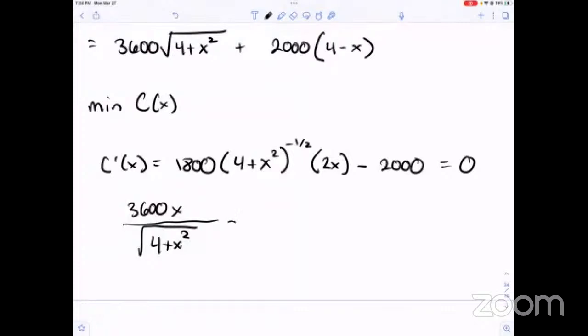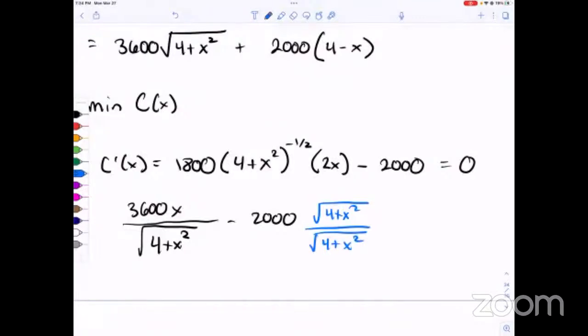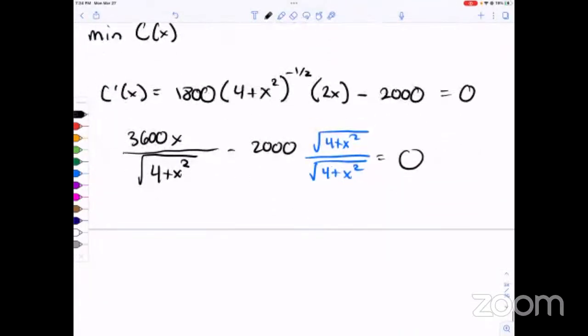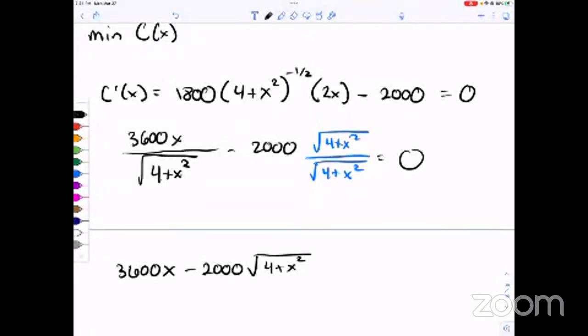To get a common denominator, I'm going to multiply by 1 in the form of square root of 4 plus X squared over square root of 4 plus X squared. So then we have 3,600x minus 2,000 times the square root of 4 plus X squared on top, and on the bottom we just have 4 plus X squared, equals 0.